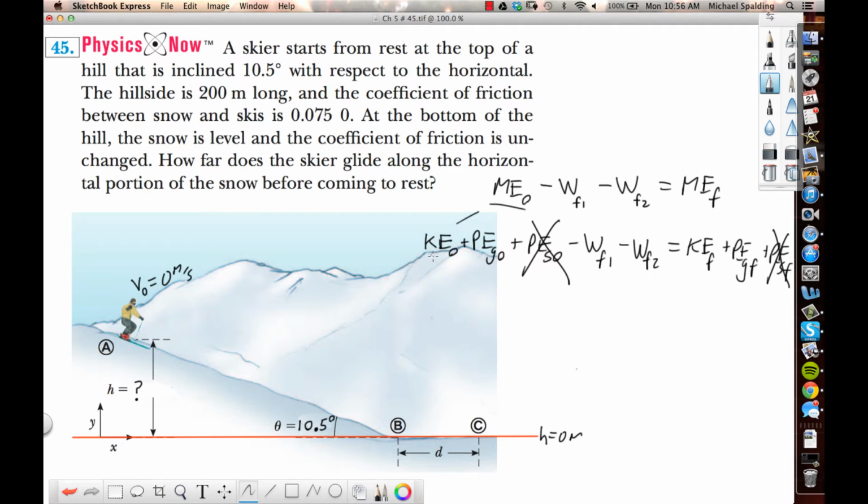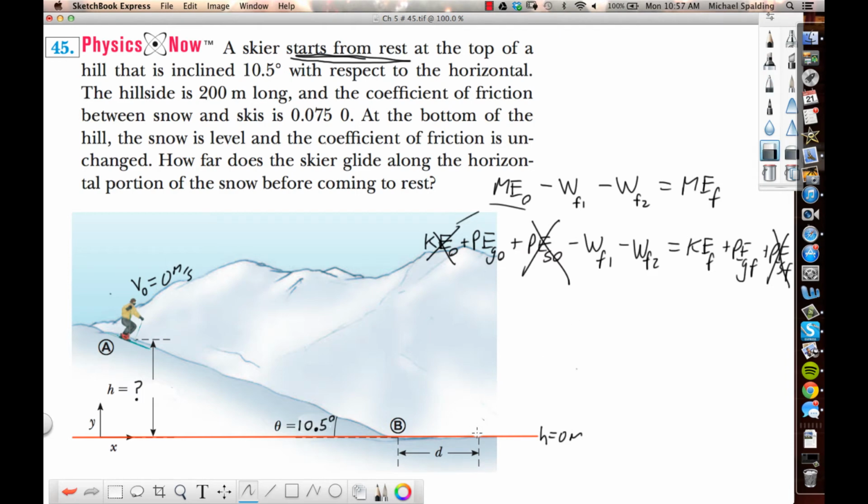All right, so does the guy start with kinetic energy at the top of the hill up here? No. See right here it says he starts from rest. That means no kinetic. Does he start with potential of gravity? Yeah, he's above the zero point, so he has potential of gravity. Okay, no spring energy. So then he goes down the hill. Now over here is going to be our final. So I'm going to erase this C right here.